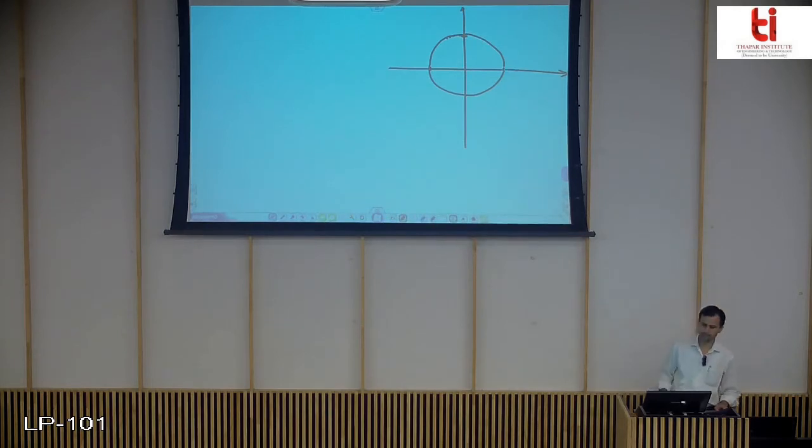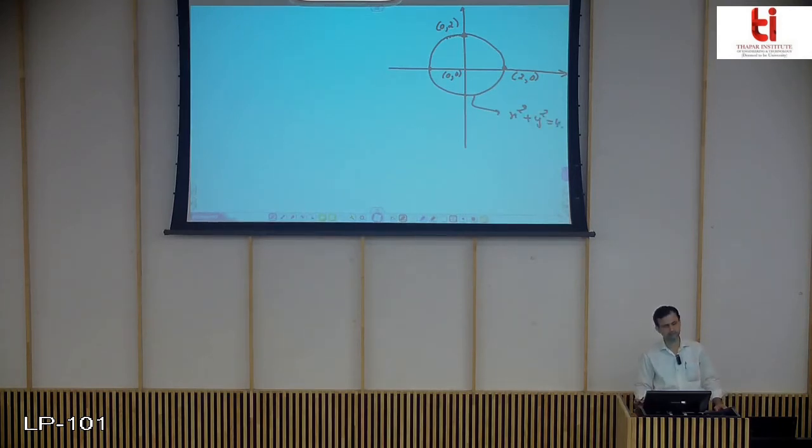So this represents a circle of radius 2 units with center at origin. This is your x square plus y square equals 4.